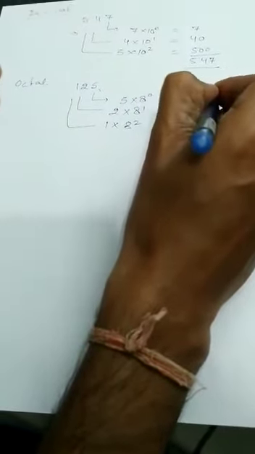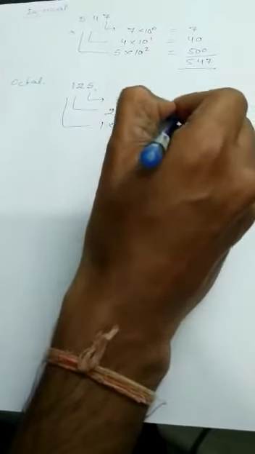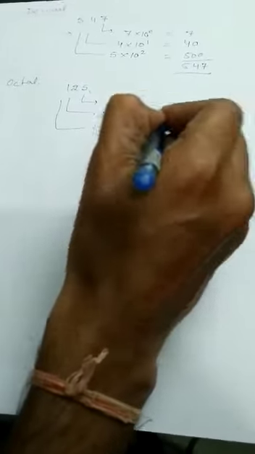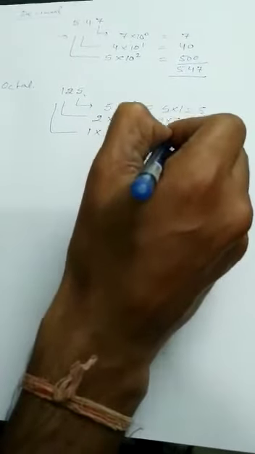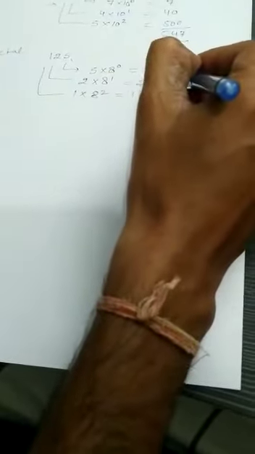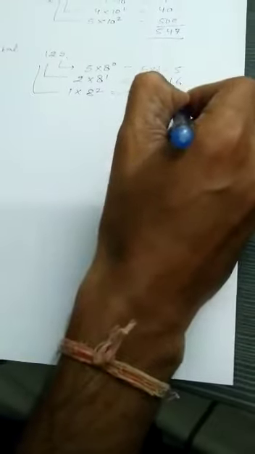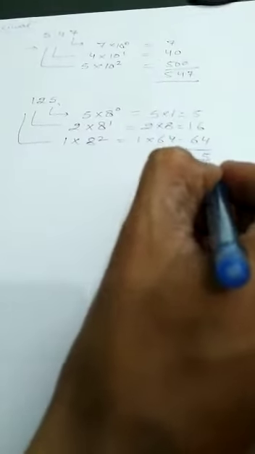So the number will be 5 into 1, that is 5, 2 into 8, that is 16, 1 into 64, that is 64. On adding we get 5 plus 16, 21, plus 64, 85. So the value of the octal number is 85, that is counted in the decimal number system.